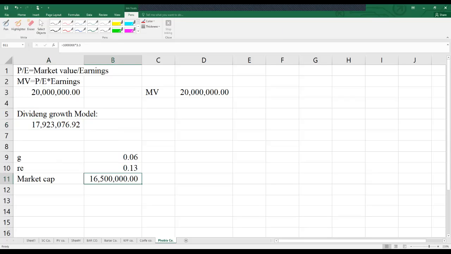So if the company was operating like other companies, its market value ought to be 20 million. However, its value is 16.5 million. It means the company is not yet there, it's not operating like other firms. You need to see how we can improve the market's perception of us.